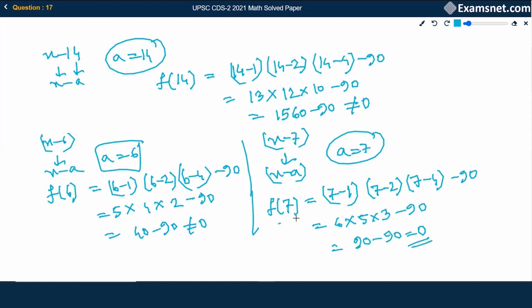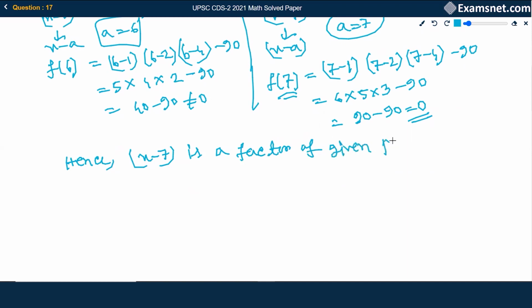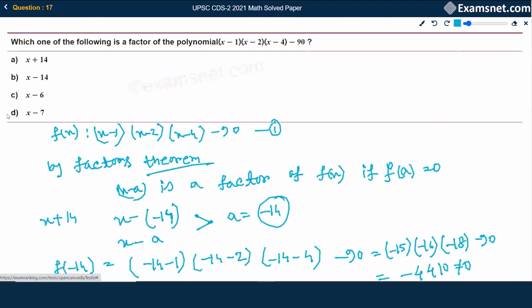So f of 7 gives us the value 0. That's why we can say x minus 7 is a factor of the given polynomial. So yes, option D is the correct answer here.